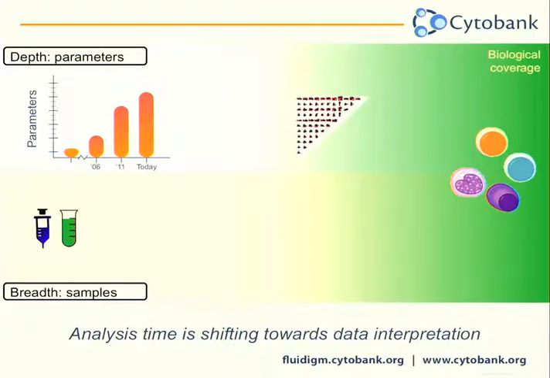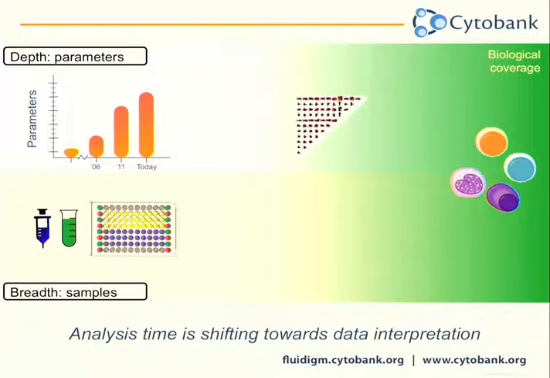However, in the last few years, there've been two major events. One is this increased depth in our ability to measure different proteins and parameters, but also breadth, both in fluorescence and mass cytometry, specifically within barcoding and plate-based tools, auto-samplers, for example.